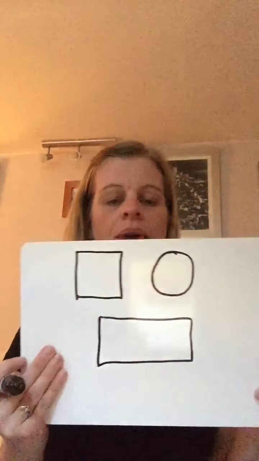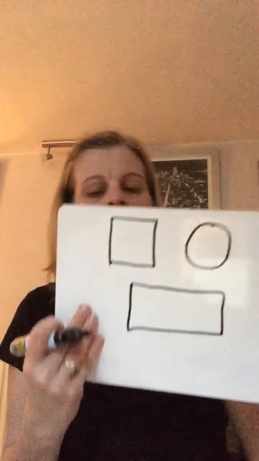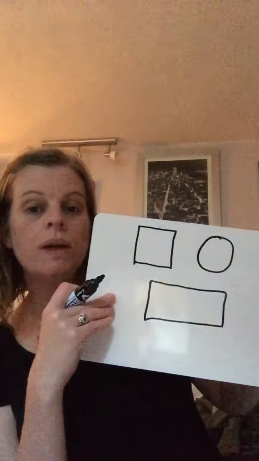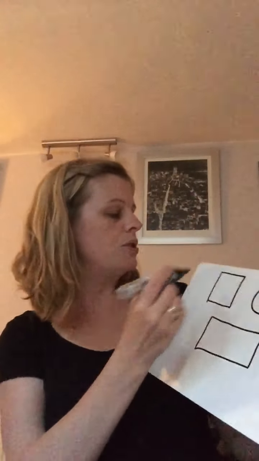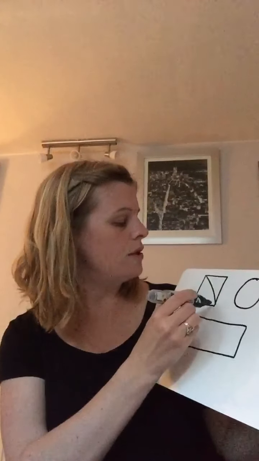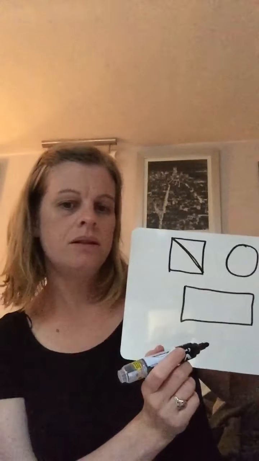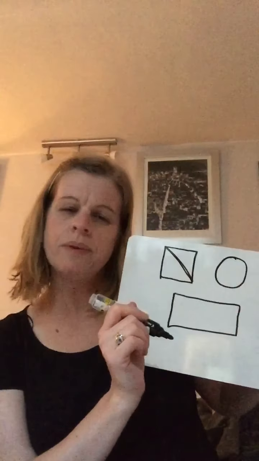Here are my shapes. And I'm going to have a go at splitting my shapes into quarters. So 4 equal parts. So let's do the square. Oh, I didn't do that very well, but there we go. That's 2 equal parts. So what would that mean I have split it into?